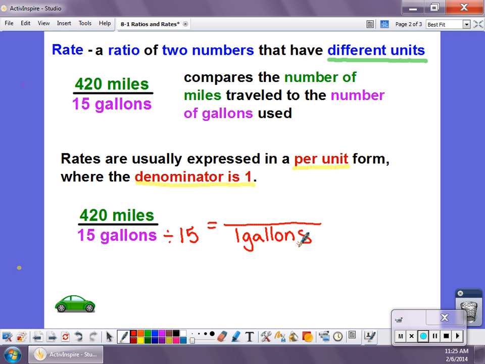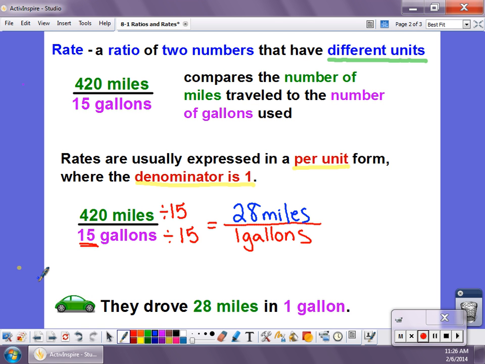The way you do that is you take your rate and divide it by whatever you have in your denominator. So 15 divided by 15 gives me 1. With all types of fractions, whatever I do to the bottom, I also have to do to the top. So 420 miles divided by 15 is going to give me 28. So it says 28 miles to 1 gallon, which tells me that they drove 28 miles on 1 gallon of gas.